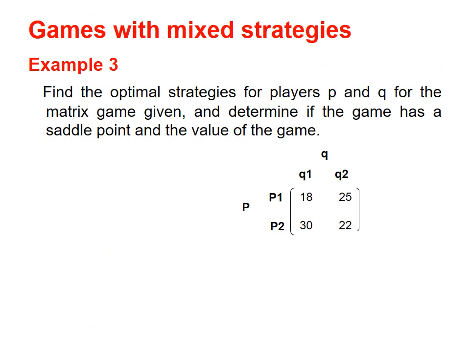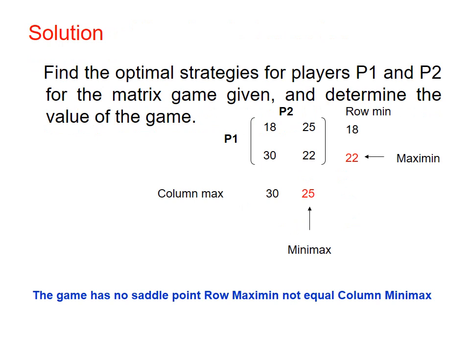Example 3. Find the optimum strategy for players B and Q for the matrix game given, and determine if the game has a saddle point and the value of the game. We will compare for the first row 18 with 25 and select the minimum of them, 18, and for the second row 22.